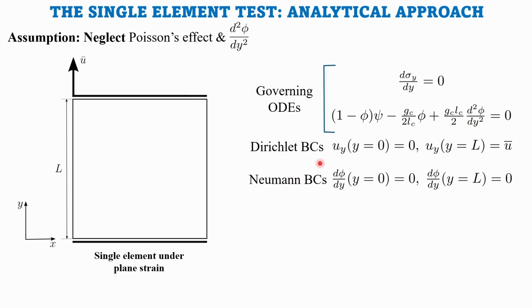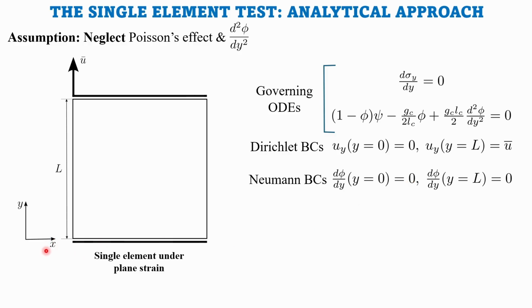Here I know we have the second order derivative, but you will see how we tackle it. And the Dirichlet boundary conditions and the Neumann boundary conditions get reduced to this. Of course, when y equals 0, uy will be 0, where uy is the y displacement, and uy at y equals L is u bar. And for the Neumann boundary condition, you have d phi by dy at y equals 0 equals 0.